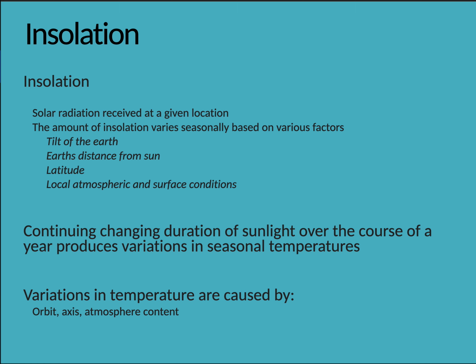Local surface conditions play into the amount of solar insolation by way of a couple of different factors, and those include the surface's albedo, how much reflection there is, and the Earth's composition in terms of, is it land and opaque and it's going to not be able to transmit energy into deeper surface layers and then store that energy and then re-radiate later on?